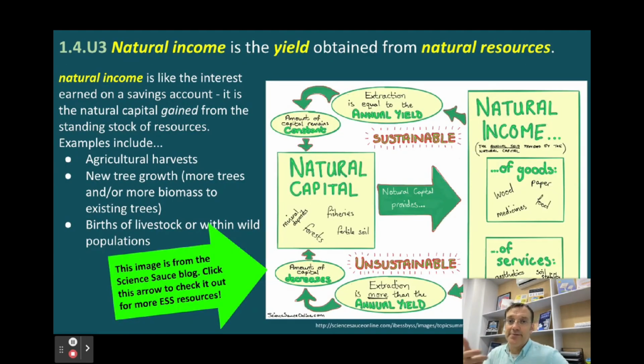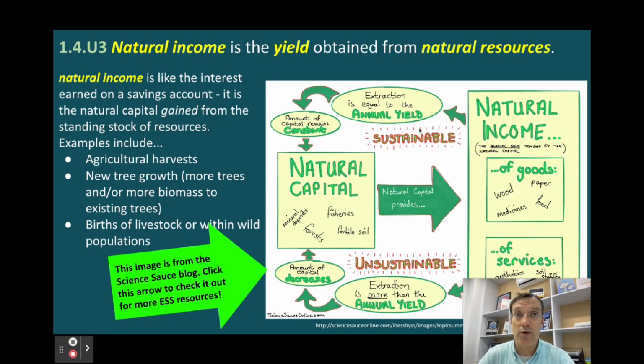So the idea with natural capital and natural income is that for a practice to be sustainable, we don't want to diminish the storage, the natural capital, right? As the natural capital grows or increases, it's going to produce natural income. That is the growth, the increase over the original amount. Then from that natural income, we can harvest.